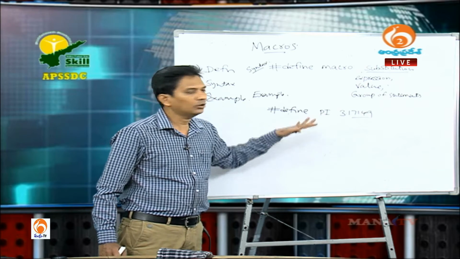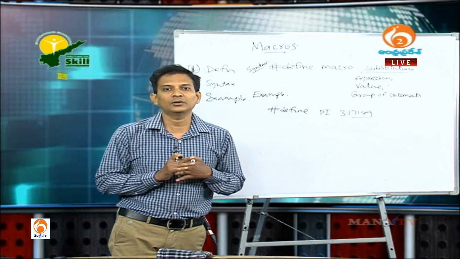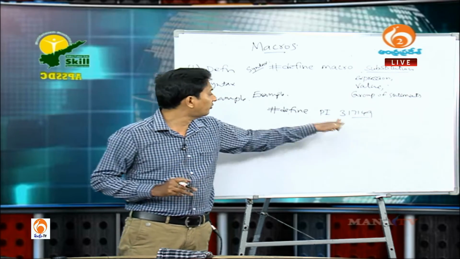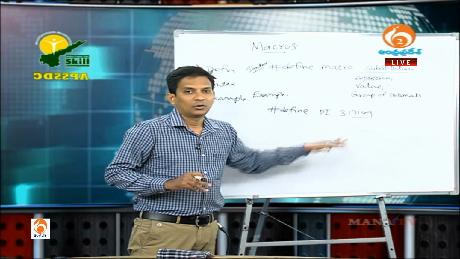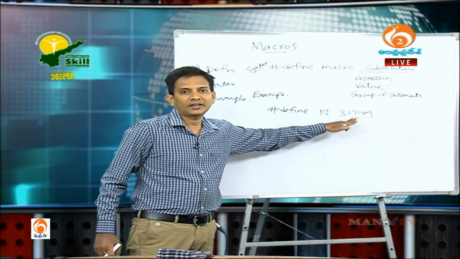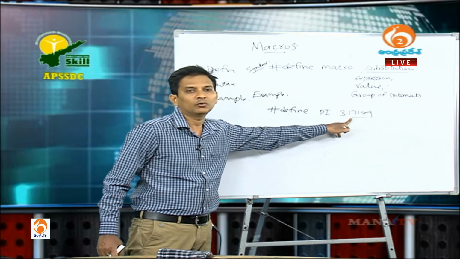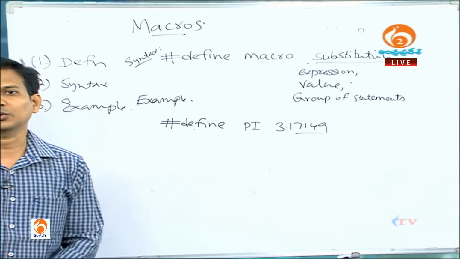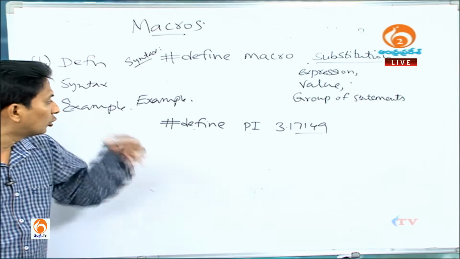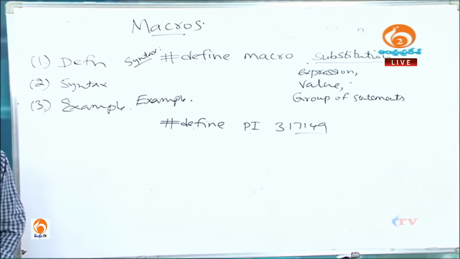Because I know the PI value won't change throughout the program, so this value remains a constant. Macro means a constant value only we write. I cannot increment or decrement or modify this value once you define the macro. Throughout the program, this PI value will be 3.14159 only.